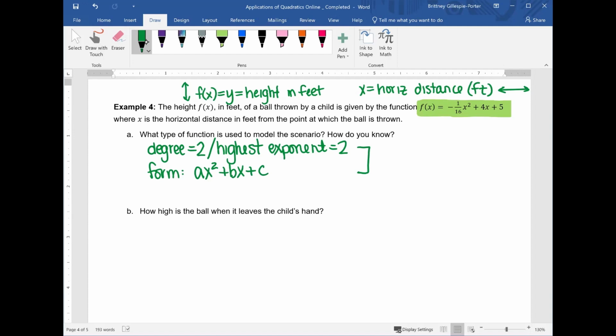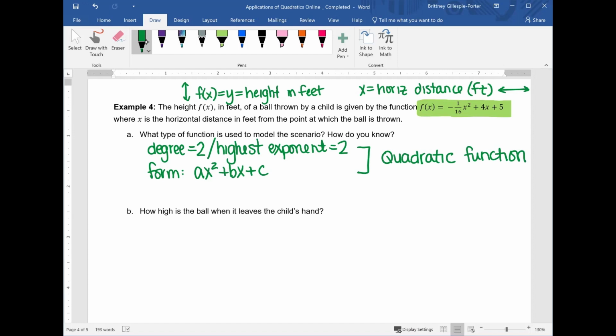And both of these instances let us know that we have a quadratic function. So again, I worked backwards. I explained how I knew before I named it, but it is a quadratic function, not formula, my goodness. Function because of the highest exponent being 2.